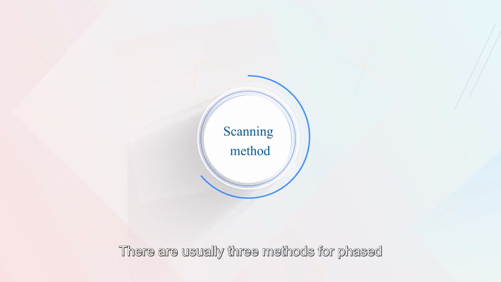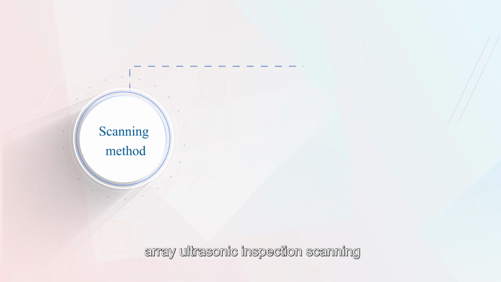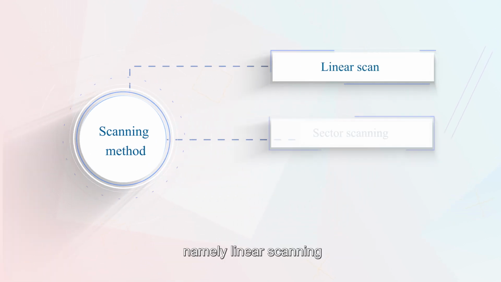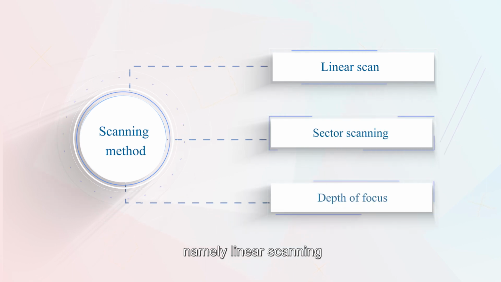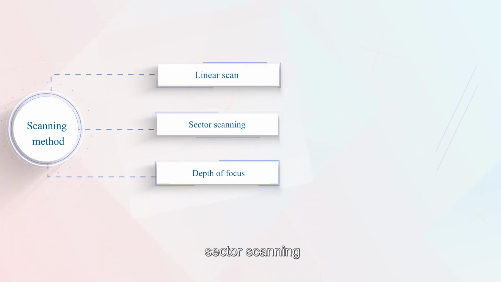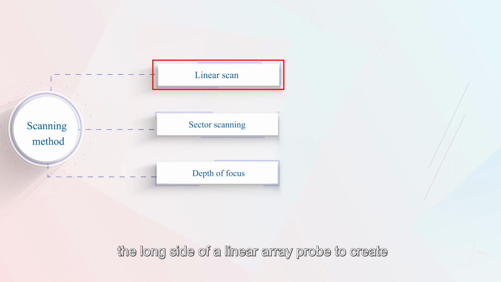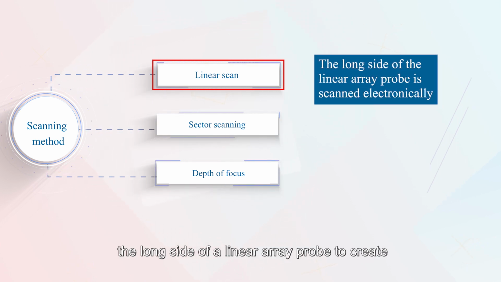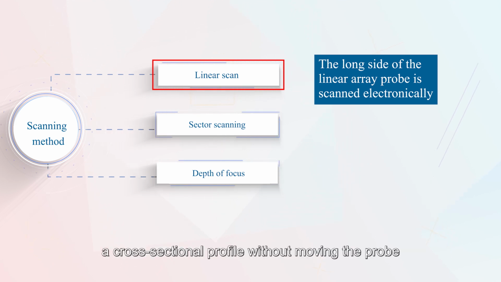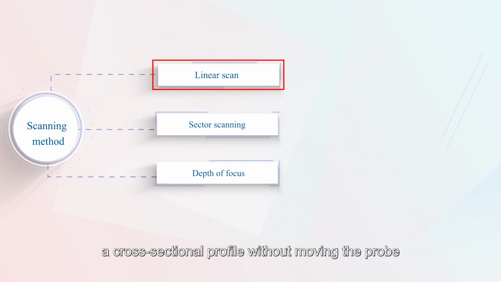There are usually three methods for phased array ultrasonic inspection scanning, namely linear scanning, sector scanning, and depth focusing. A linear scan is an electronic scan along the long side of the linear array probe to create a cross-sectional profile without moving the probe.